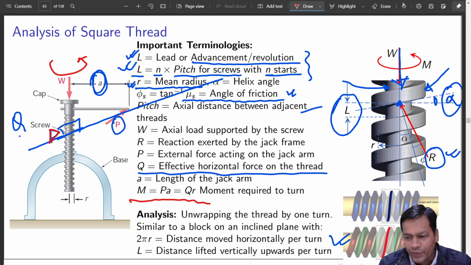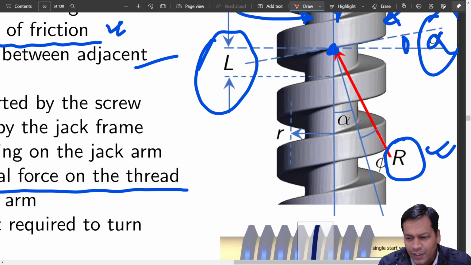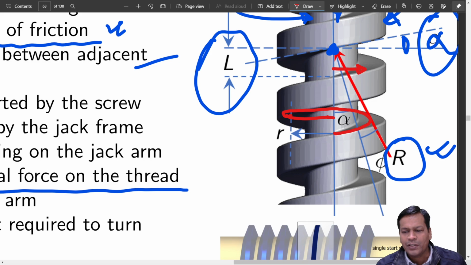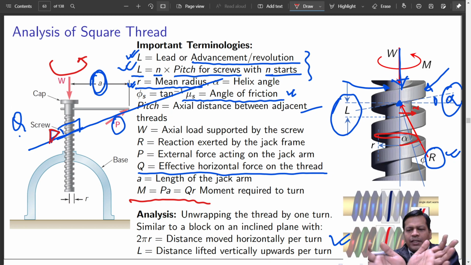If you zoom out, on this surface this is your mean radius, and if you go just one turn, how much will you travel? You will travel 2 pi r distance, is it not? If this is r, and you rotate by one complete turn, it is approximately equal to 2 pi r. So if you open it up, that is the distance. L is the distance lifted vertically upward per turn. L is how much?